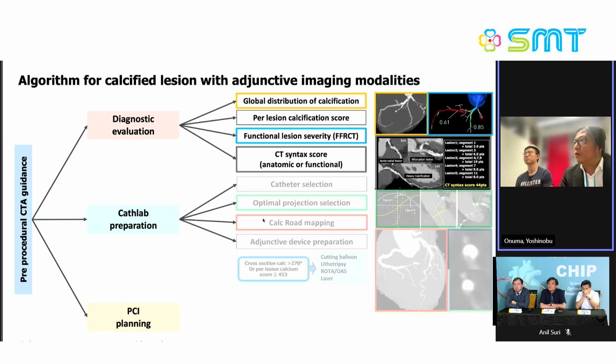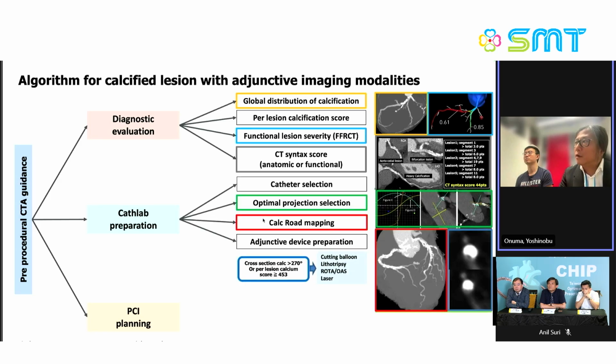When you see a lot of calcification, you can look into the calcium load mapping, because like here, there's too much calcium. Maybe you might go for the CABG, but if you have to do the PCI, you will see how much calcium you have in the proximal part of the coronary artery disease.